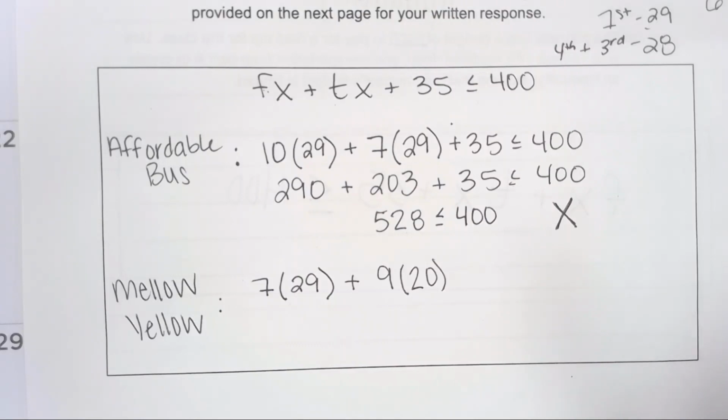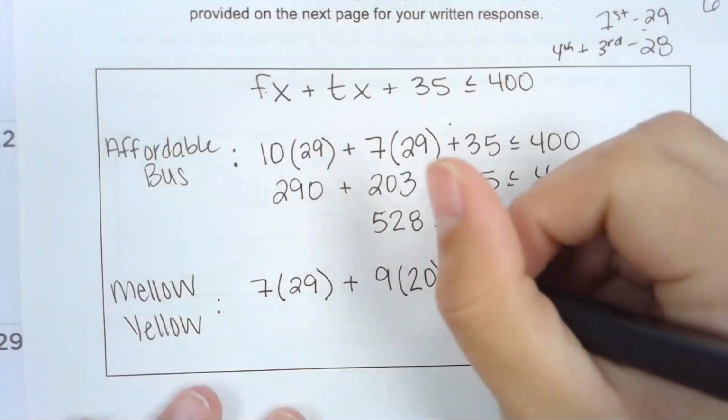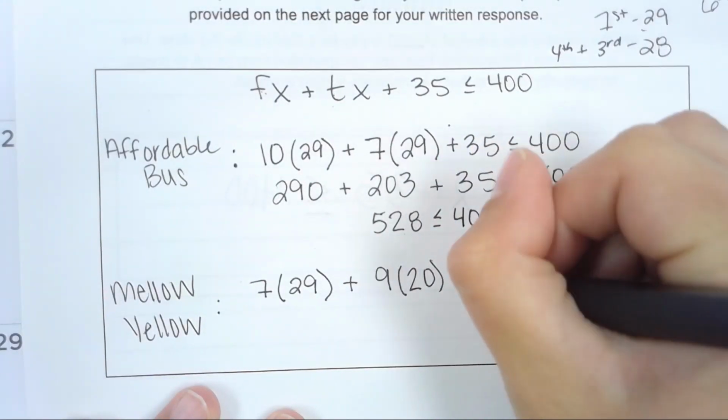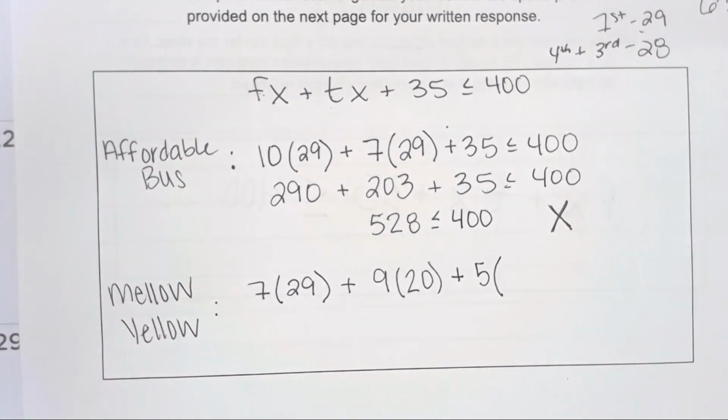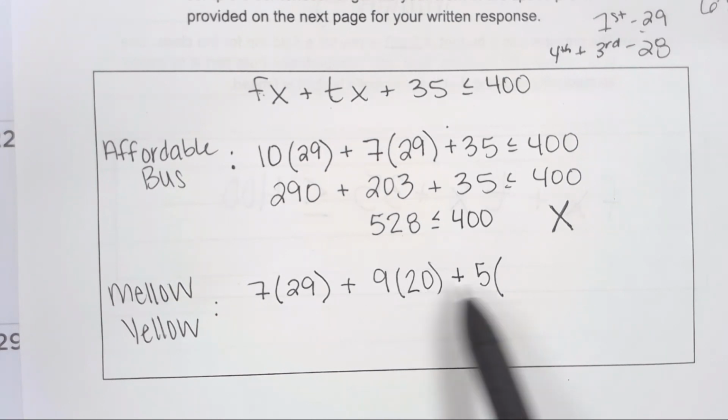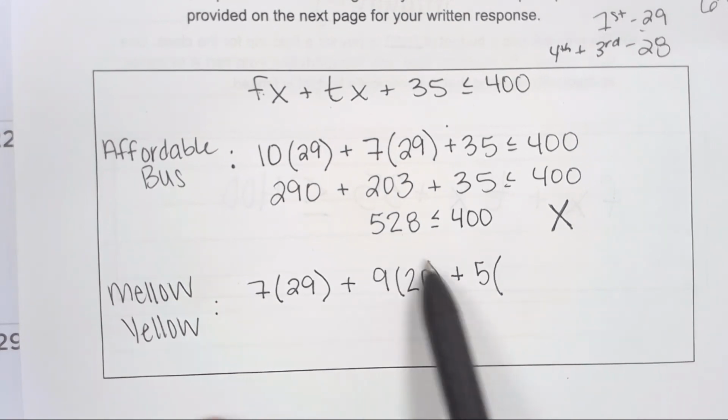But add $5 for each additional student, you have to add on the 5 times, and then you still have to take away the 20 students that you have already accounted for.